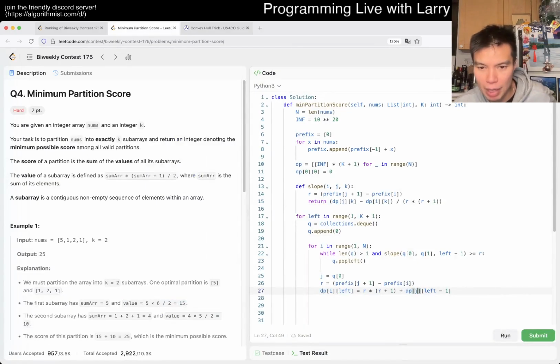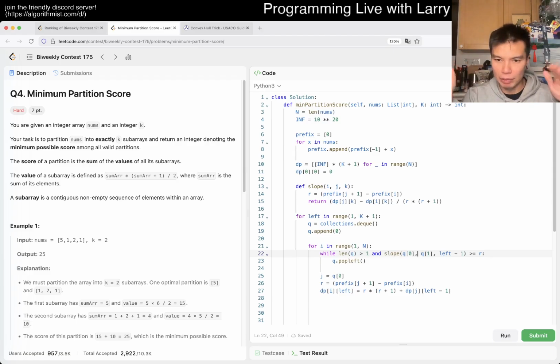Because we're trying to find a maximum j, but in this case, I guess it depends on which way we're going. If we're going to the left, actually, I think I confused myself. I mean, the indexes kind of matches up anyway. But actually, I think I want j here, and for each j, I'm getting the I, and I think that's actually more accurate, or at least the prefix sum is going to be really wrong if I don't do it this way.